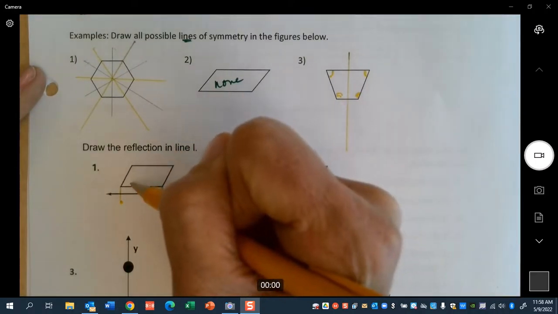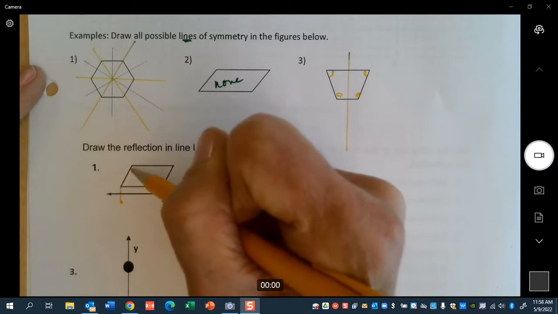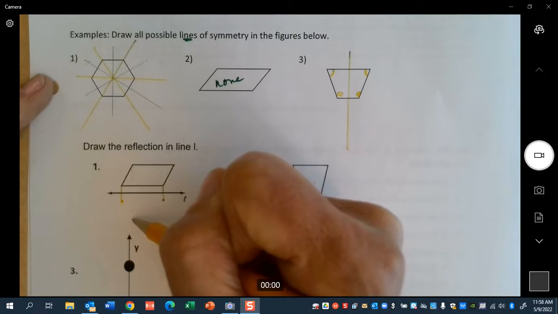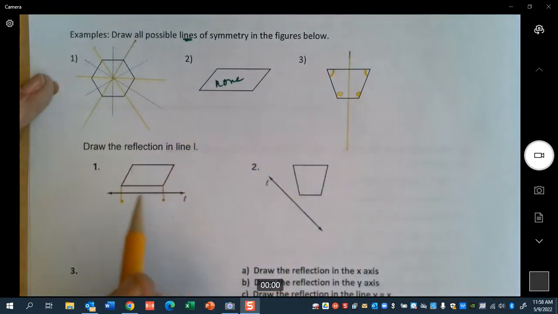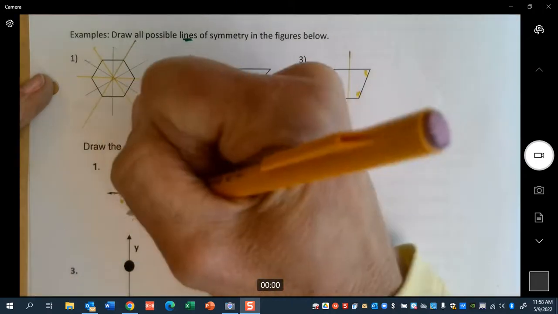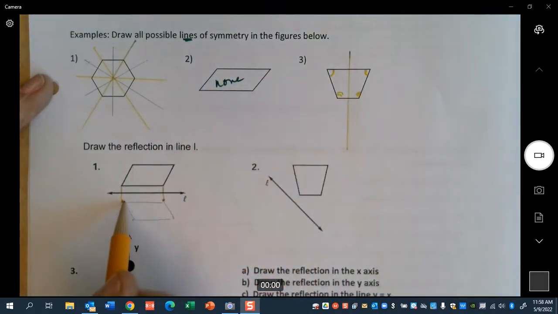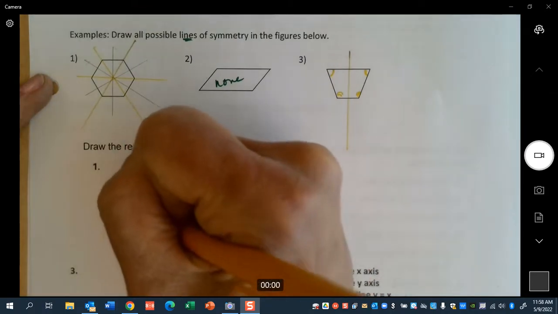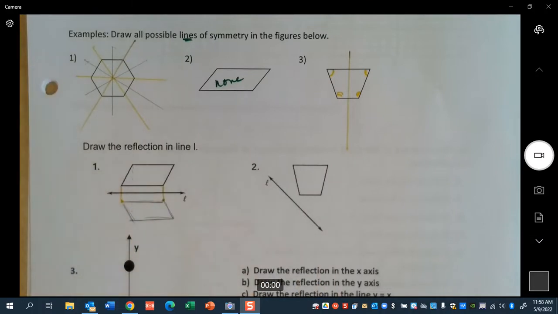So if I think about this point coming all the way down, being about this far, maybe a little bit more, and this one coming down to maybe this far, then I've got 1, 2, 3, 4. So then you could go ahead and draw that shape as a reflection because of that relationship of the imaginary line connecting them.